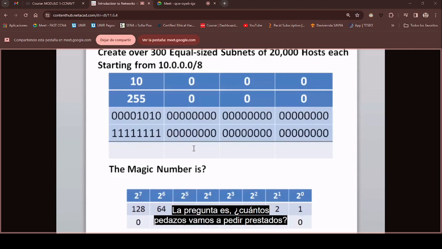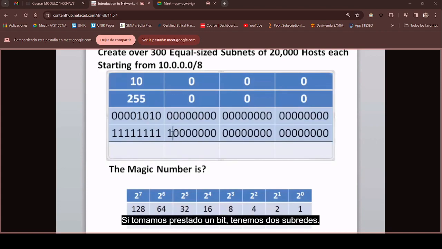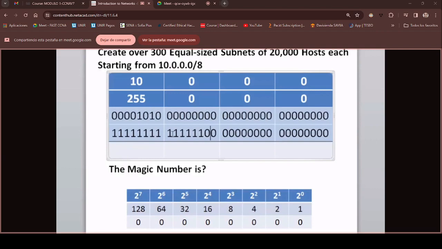The question is, how many bits will we borrow? If we borrow 1 bit, we have 2 subnets. Now we have 4 subnets, 8 subnets, 16, 32, 64, 128, 256, 512. If we borrow 9 bits, we'll have 512 subnets that we create, and that will be sufficient to meet the demand for 300 equal-sized subnets.